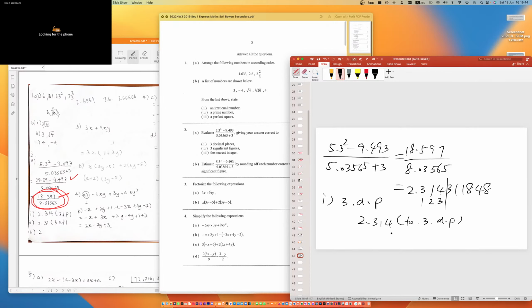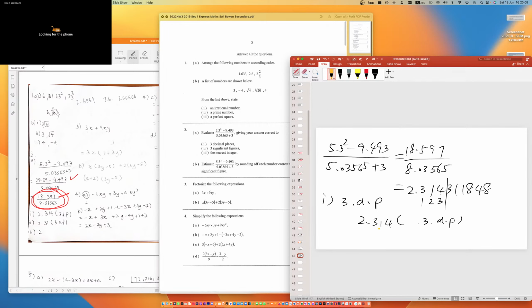In the bracket, you wrote 2.3. But they ask for 3, right? So you put 3. Do I need to write the 2, or can I just write the 3? No need, but you can also write the 2. Okay, so disregard the 2. Very good.